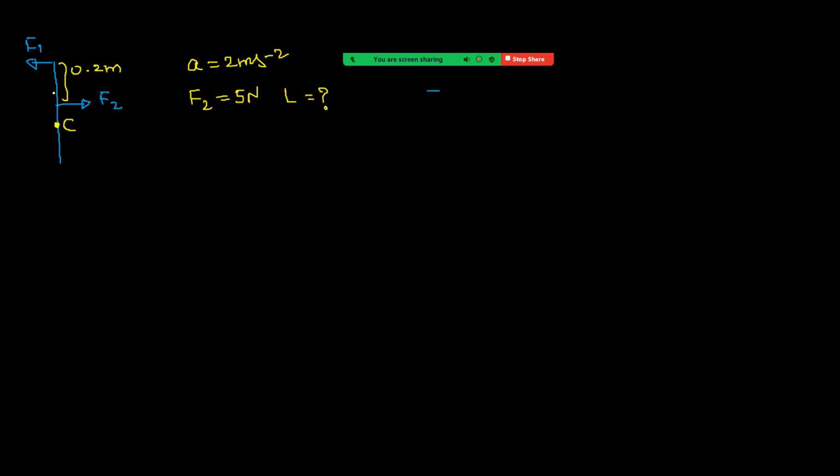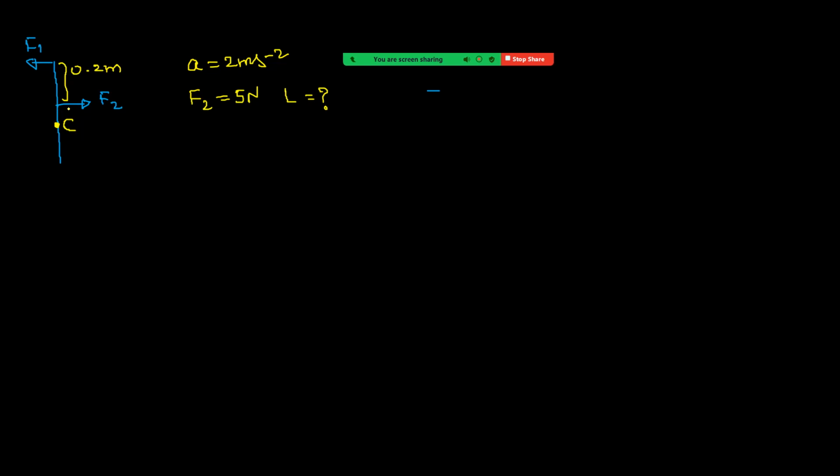Because of F1, torque will be anti-clockwise, because we are calculating torque about center of mass. Since directions are opposite, they can balance each other. So net torque must be zero about center of mass. That means center of mass must be outside these two forces. That is our first conclusion.